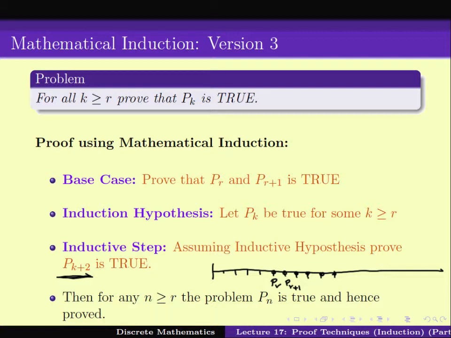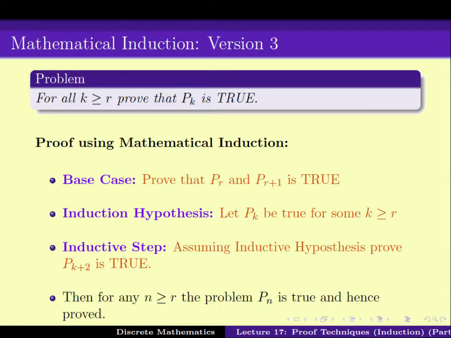So in short, we have to ensure that all the dots, all the integer points, all the Pk's for k greater than or equal to r, are covered by this step. And once we follow that, it works fine. So this is the reason why this particular induction version works.